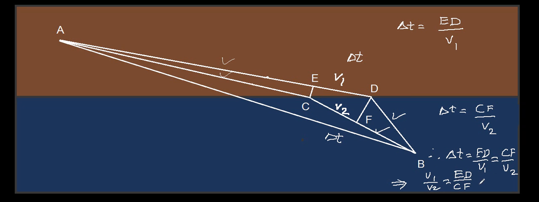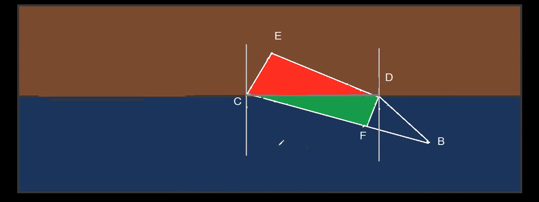In this diagram we have two triangles, this is one triangle and this is another triangle. Let us show these two triangles in an enlarged figure. Here ED is the incident ray and this is the normal drawn at point D, the point of incidence.